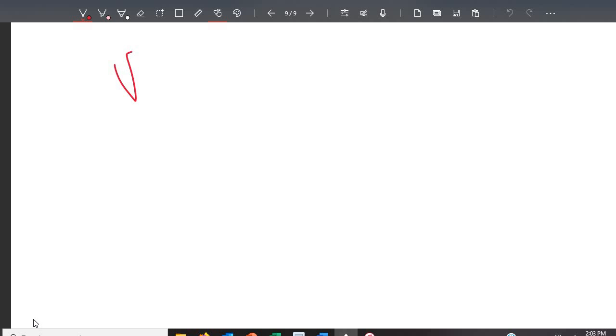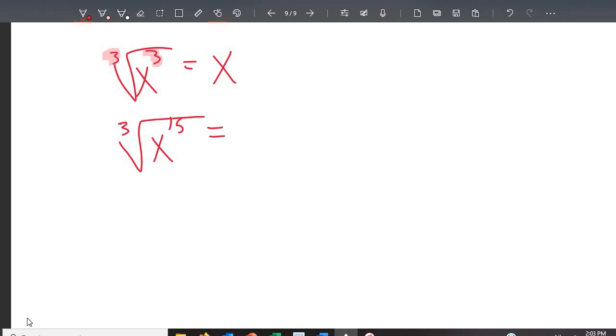For variables, you're going to do the exact same thing that I did for the square roots. You're going to take the exponent and divide it by the index. 3 divided by 3 is 1, so you'll have x. If I have the cube root of x to the 15th, 15 divided by 3 is 5, so we'll have x to the 5th.